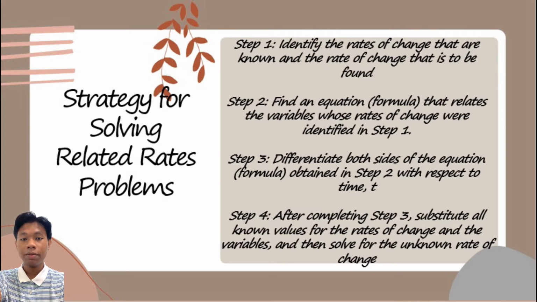The second step, we find an equation that relates the variables whose rates of change were identified in step 1. The third step is to differentiate both sides of the equation obtained in step 2 with respect to time. After completing step 3, substitute all known values for the rates of change and the variables, and then solve for the unknown rate of change.